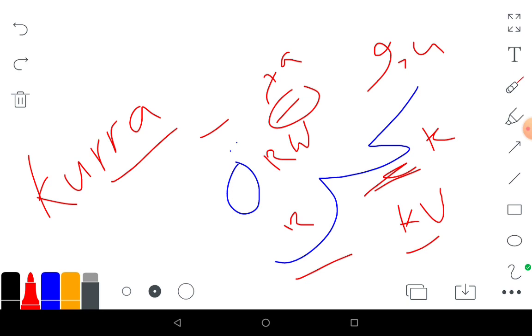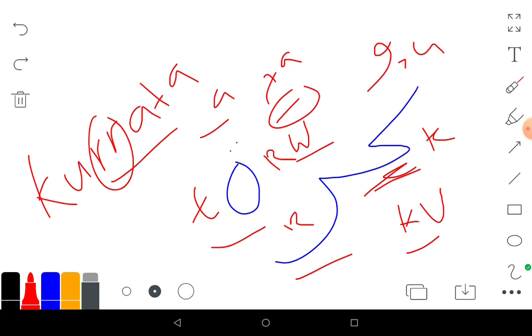Kurra, not kura, but kurra, double R. And the last letter is a ta, because it is t and a. Fathah is a, so it becomes kurrata. Can you hear the difference? One is kura without the syaddah, and the other one, when I put the syaddah, becomes a double R, kurrata. Like that.